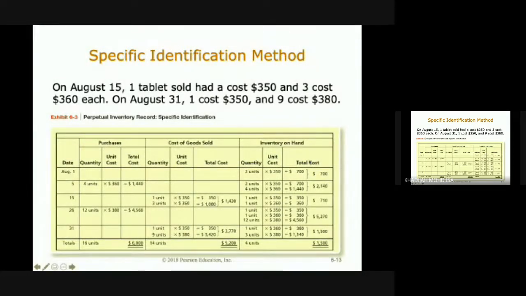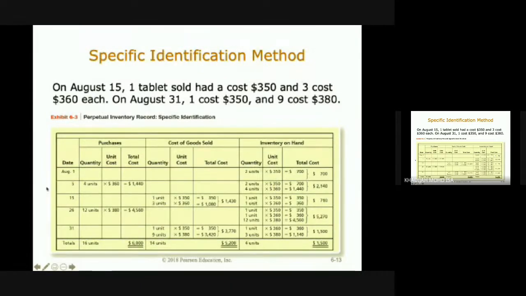So let's see under specific identification how we decide on the COGS and the closing inventory. August 1st, you have an opening inventory of 2 units, each costing 350. So 2 units times 350, you have a total cost of 700.